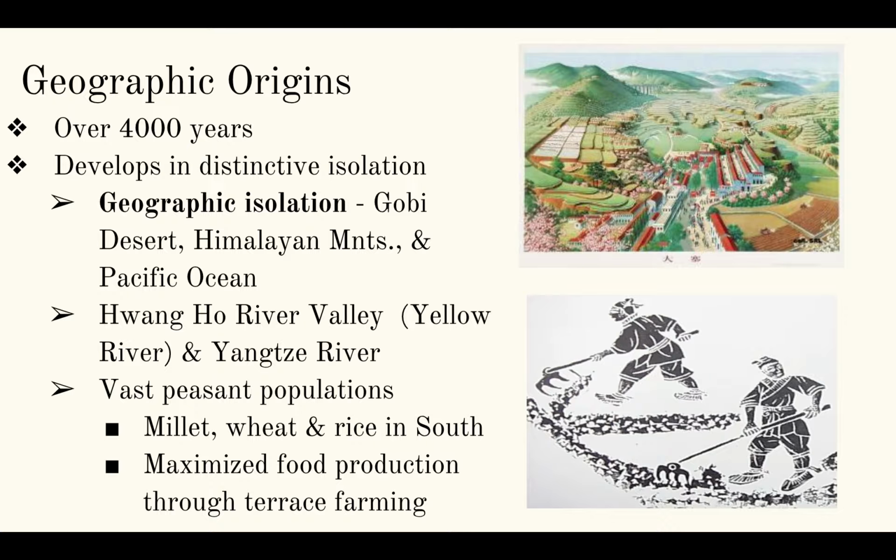So the two river valleys, the first of which is called the Huanghe River Valley, the Yellow River, as it's more commonly known, and the Yangtze later on. They support, just like all river valley civilizations do, vast peasant populations. Peasants that, over time, cultivate land and grow crops on a scale that outstrips most other civilizations.